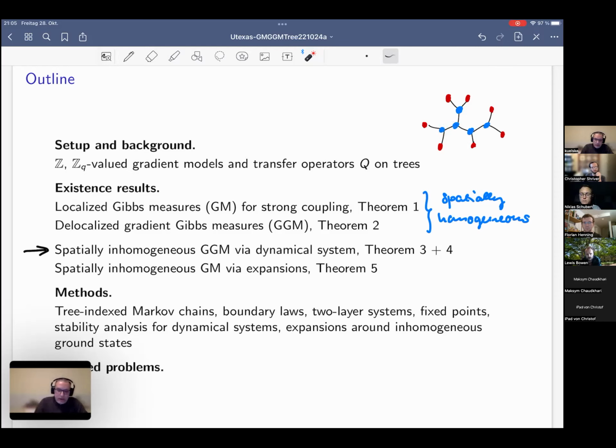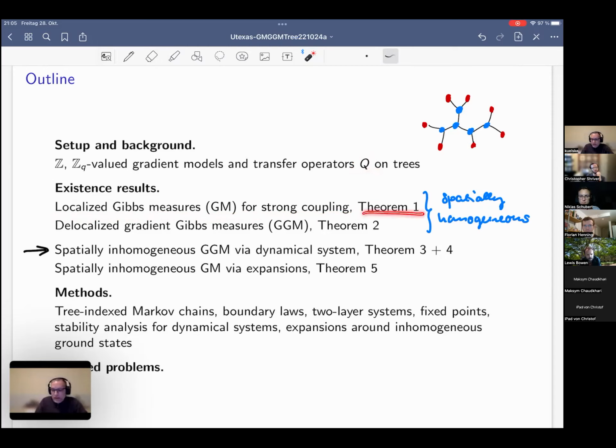There's one thing, it's about localized Gibbs measures. This will be in a certain regime of parameters of the model, here described by a transfer operator, which amounts sort of intuitively to strong coupling. I will be more precise about that.